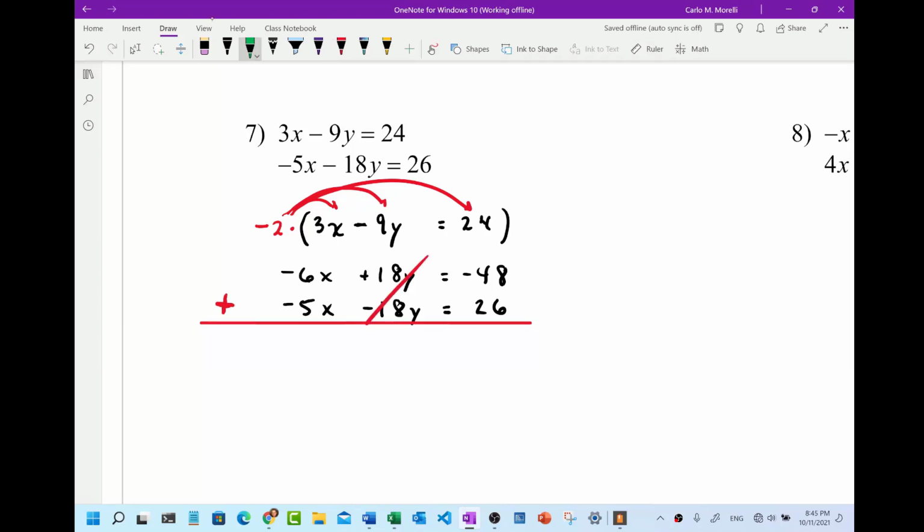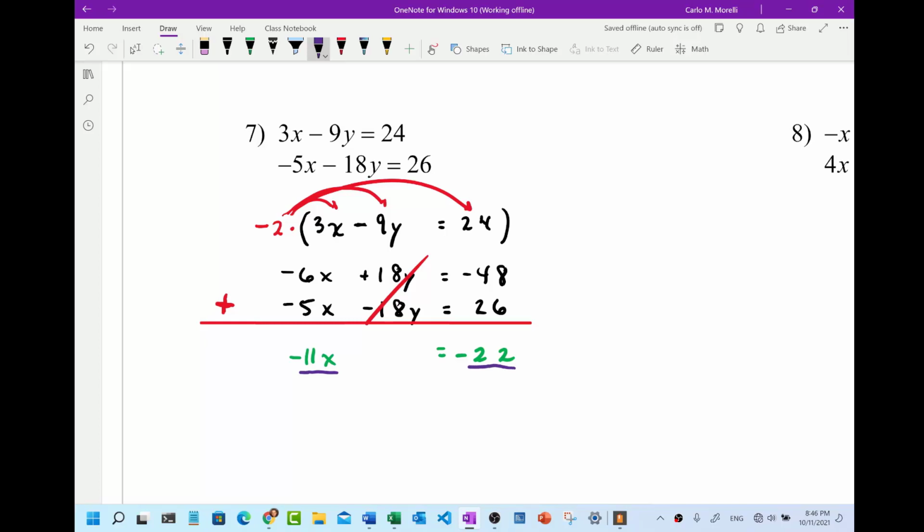So now just add negative 6, negative 5, that's going to be negative 11x. And what's negative 48 plus 26? Well, it's basically a subtraction problem. The answer is going to be negative. So 8 minus 6 is 2. 4 minus 2 is 2, and it's negative. So we have negative 11x equals negative 22.